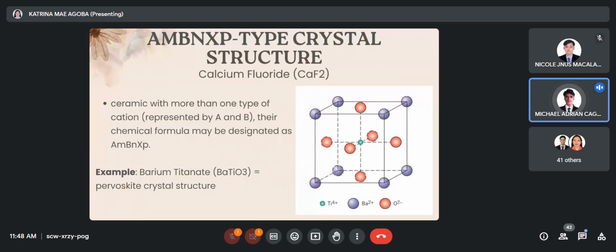The X represents the nonmetal or anion atoms, which is the negatively charged ions in the compound, and letters m, n, and p are usually whole numbers that indicate the ratio of these different types of atoms in the chemical formula. To simplify, think of it like a recipe for a compound. You have different kinds of metal atoms, which is the A and B, along with nonmetals, which is the X. And the numbers m, n, and p tell you how many of each are mixed together to create the compound structure. Next.